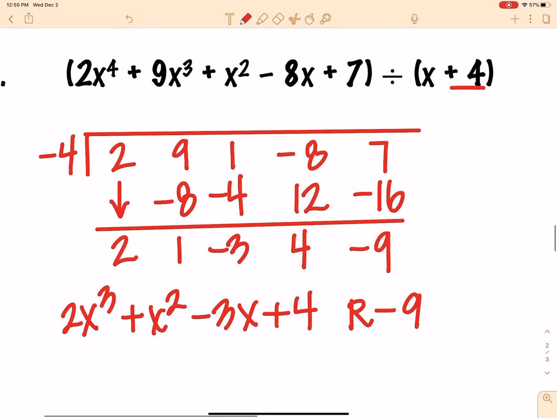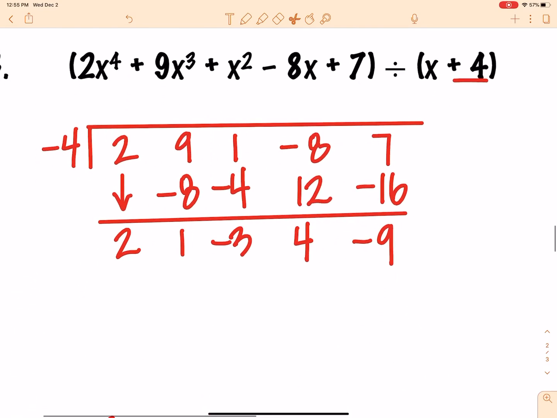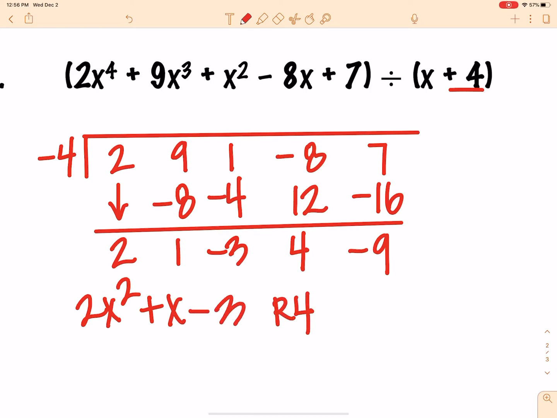And let's pretend that you guys didn't, for example. I'll go back up here. You accidentally started, I don't know what you did, but you took that as it's going to start off with a 2x squared. So you would go 2x squared, this again in standard form would be x minus 3, and then you would say remainder 4, and then you don't know what to do with the -9.